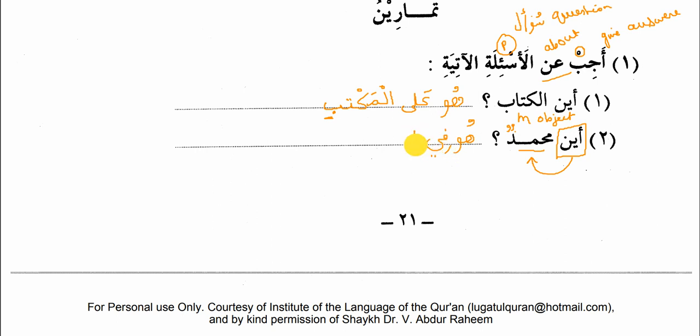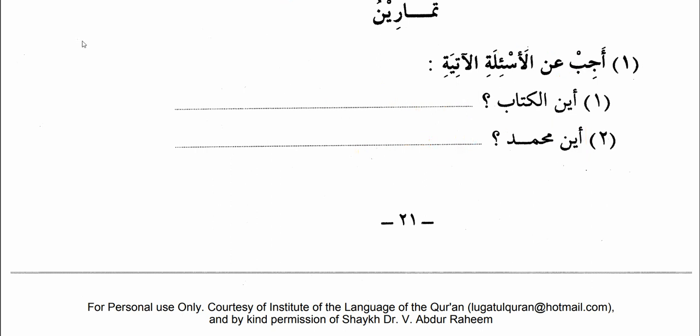Huwa fi al-ghurfa, and ghurfa means room. Ghurfati, and this is a feminine noun. Due to the harf jar, the noun has a kasra. Now there are a lot of questions here. Let's see.